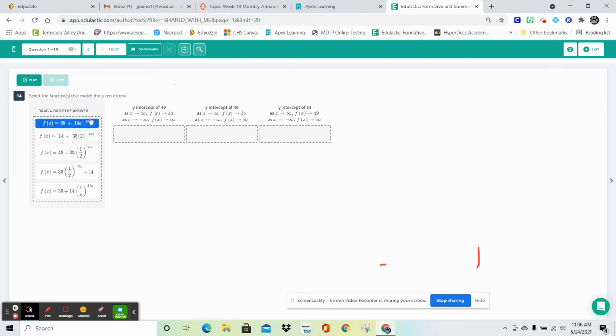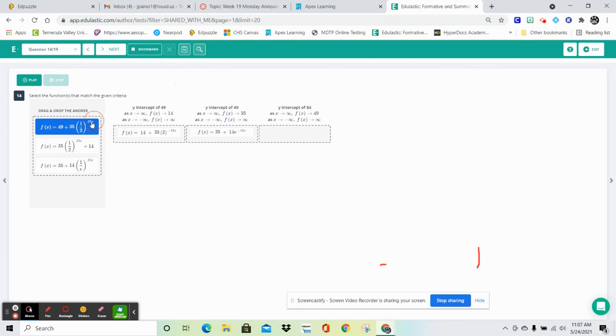So the right end behaviors for all these will be approaching the horizontal asymptote, which will be your k. For this first equation, if you plug in 0, e to the 0 is 1, so you're going to get 14 plus 35, which is 49. My k is 35, so my right end behavior will approach 35. So that's going to go right in the middle. Here, same thing, 35 plus 14, so my y-intercept is 49, but now my right end behavior is going to approach 14.